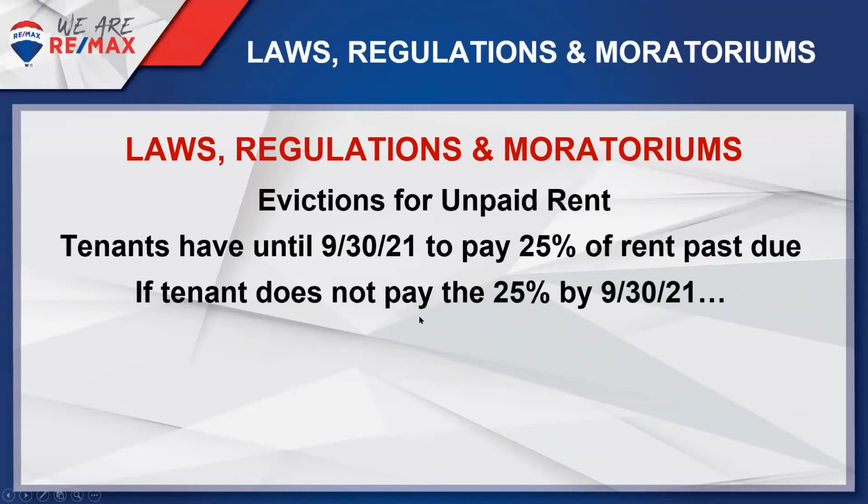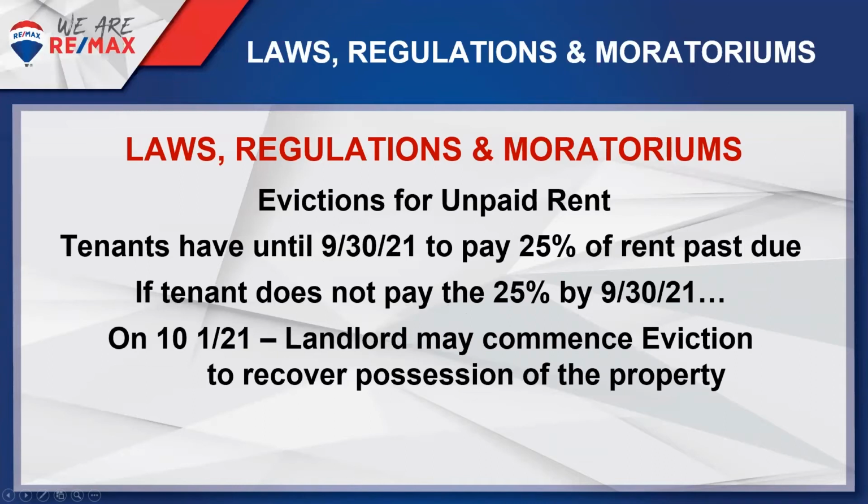If the tenant does not pay the 25% by 9/30, then on 10/1, the landlord could commence an eviction to recover possession of the property. Now, it's important to note that under current law, an unlawful detainer is only prosecuted to get possession of the property; it cannot be used to collect back rent.